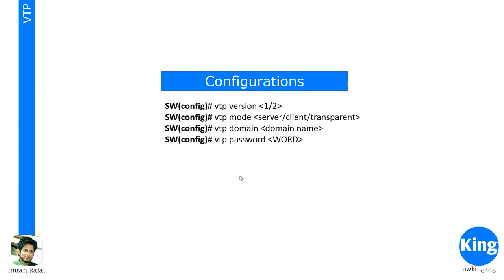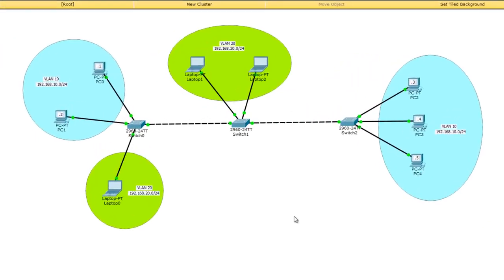So let's look at what VTP configurations we can look at. Like always, let's get into Packet Tracer. Right, this is Packet Tracer, and we continue from where we left off in our last video. Just to revise, we configured VLAN 10 here and VLAN 10 here. We configured VLAN 20 here and VLAN 20 here. So this is switch 0, switch 1, and switch 2.